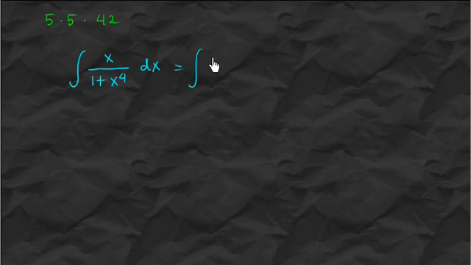I cannot tell you how we can come up with this, but notice that we can rewrite x to the fourth as x squared squared, and then we can choose our u to be x squared.